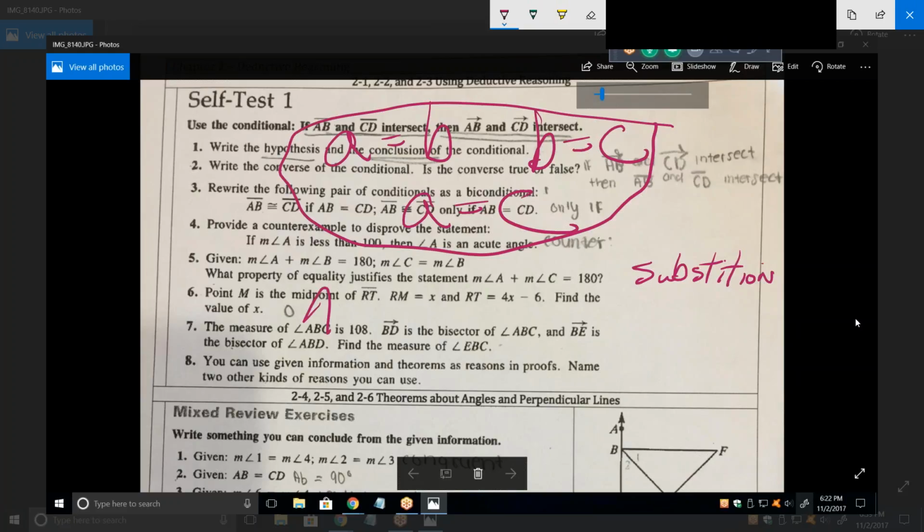This says A plus B equals 180, and then it says C is equal to B. So it's not really the transitive property. It's more the substitution, I think. I don't know for sure, but I would say substitution, not the transitive. I will leave that page open in case we need it.